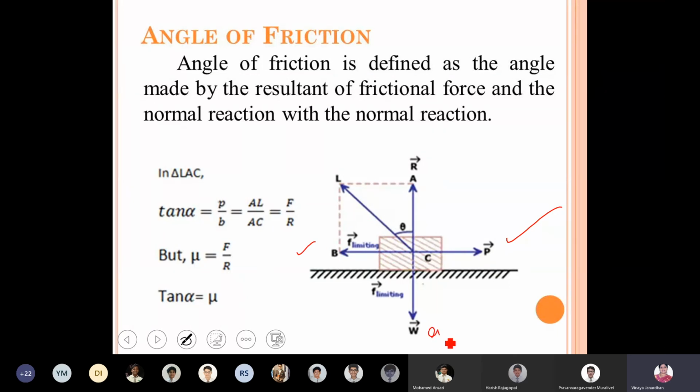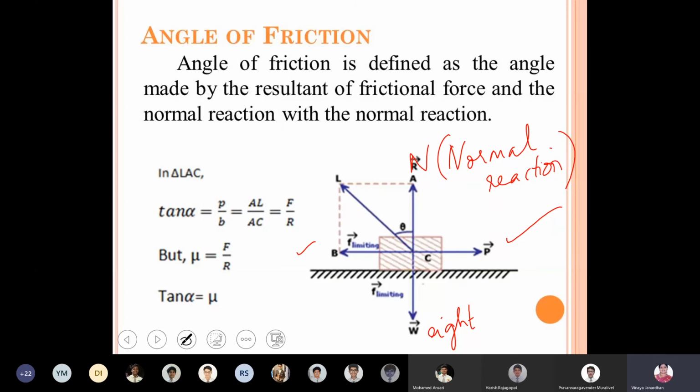The weight of the object is acting downwards. Instead of R, I'll put it as N. There will be an equal amount of force exerted on the block by the table. We call this the normal reaction. Can you identify all the forces, boys? Then I'll go for the mathematical calculation of angle of friction.